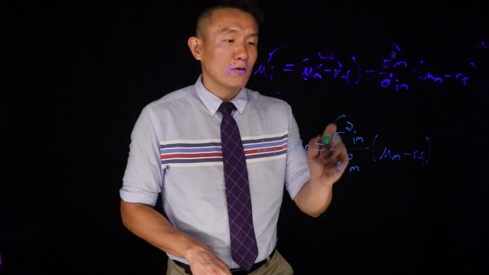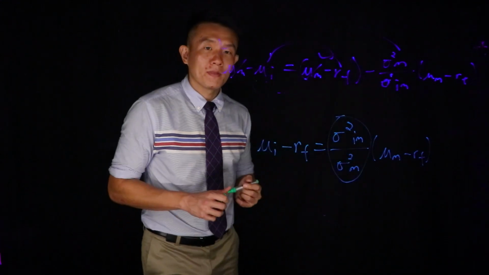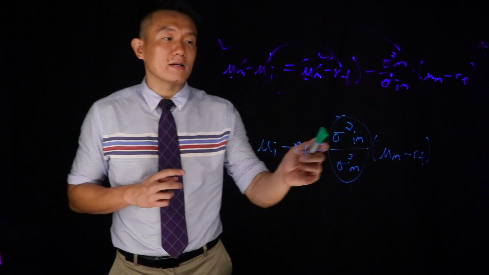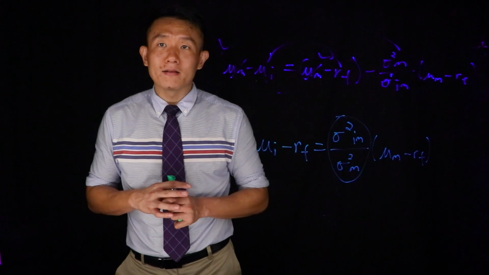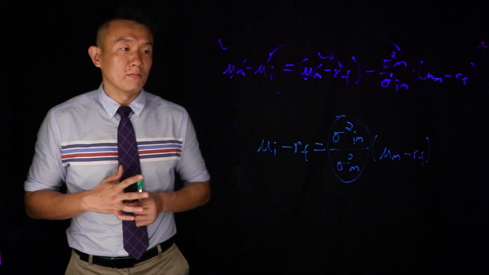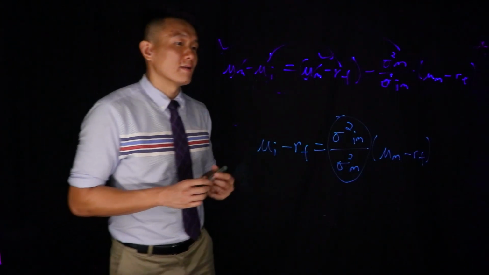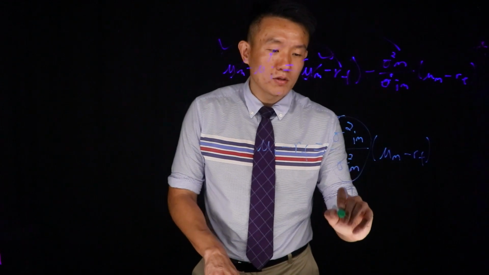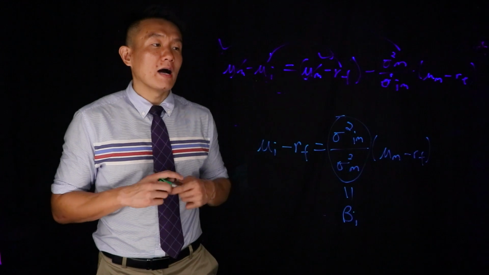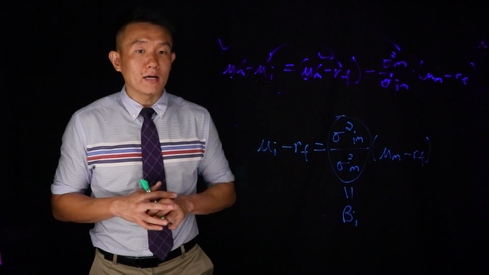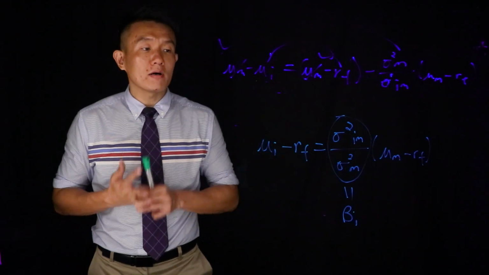And here, well, where have we seen this before? This is the covariance between stock i and the market portfolio divided by the variance of the market portfolio. What's this thing? This, if you recall, was beta. Beta is a measure of how much exposure stock i has to market risk.